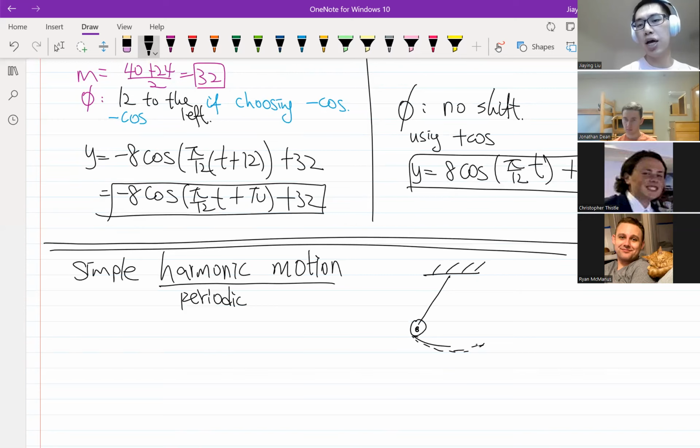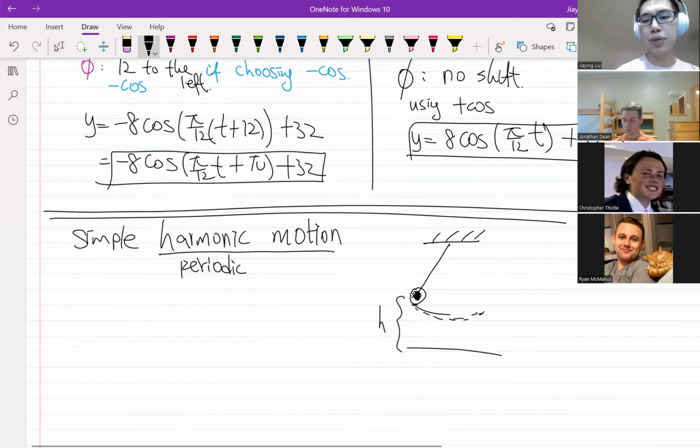You can think about the height of this object relative to either the ceiling or some ground. That's the height. It's going to be a sine function if we want to plot the height. So that's a harmonic motion.